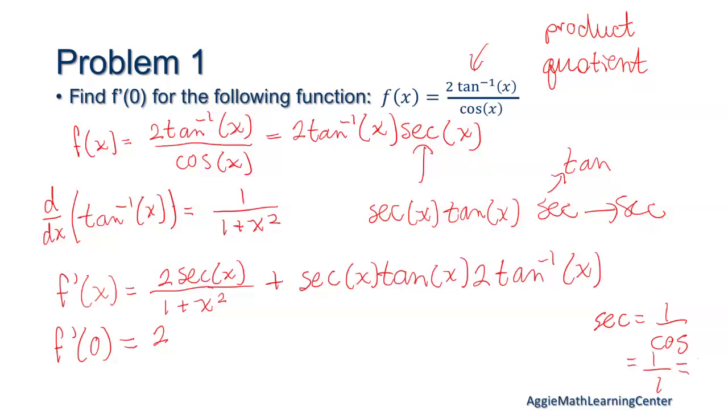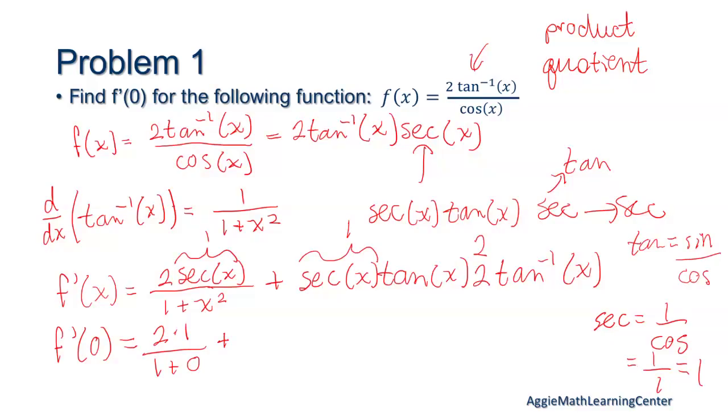So this will be 1 over 1, which is just 1. So then this chunk will be 1. So we'll have 2 times 1 over 1 plus 0. Plus, okay, so we know this is 1. And then we have our 2 here. And then what's tangent of 0? Well, tangent is sine over cosine.